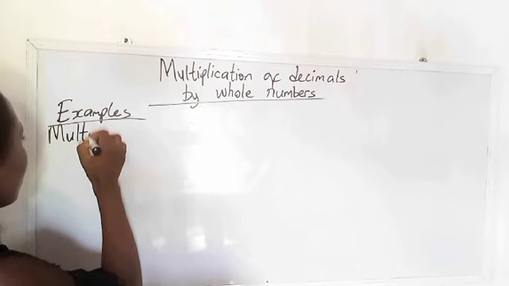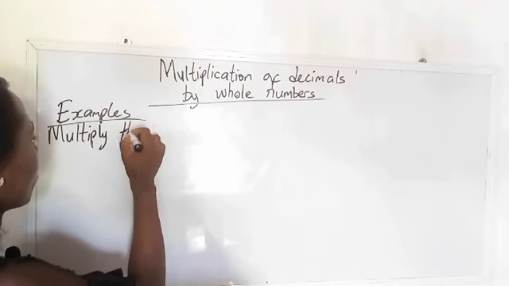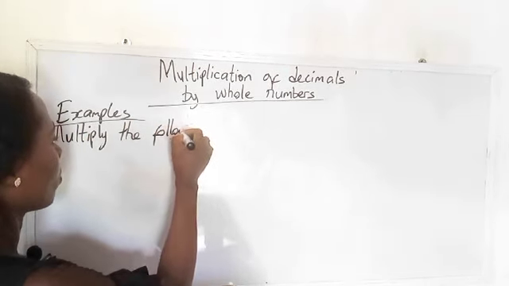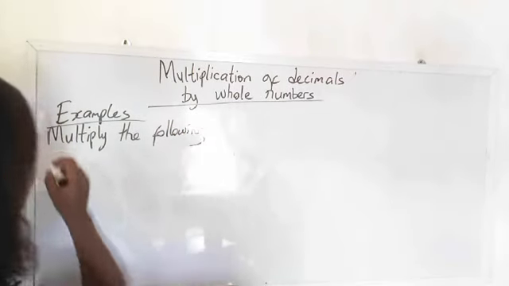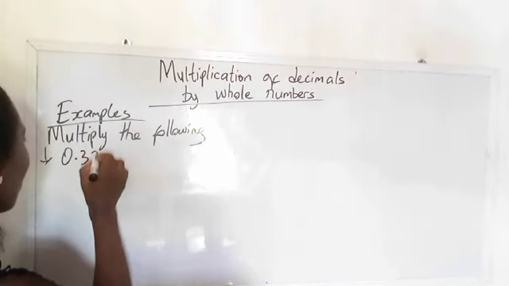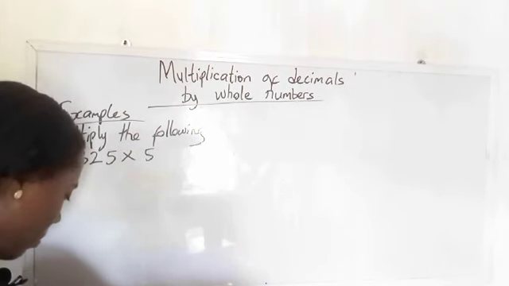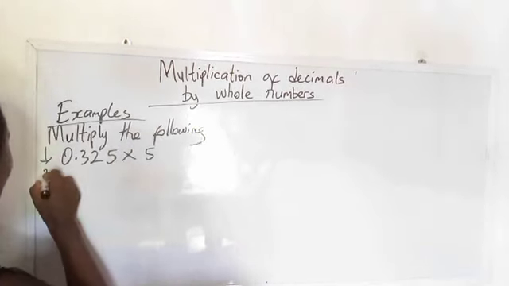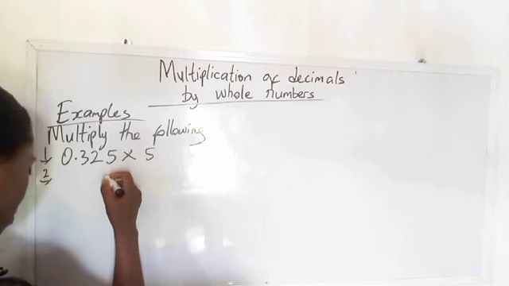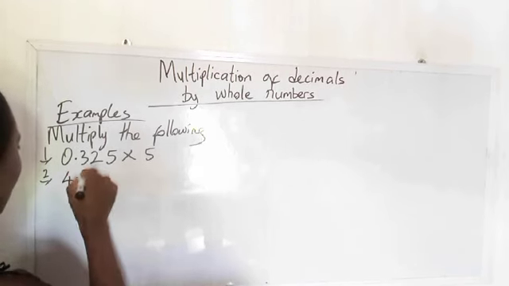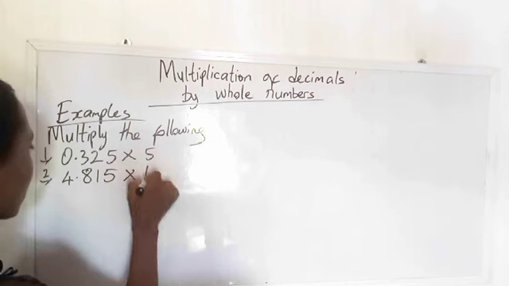Multiply the following. Number 1, we have 0.325 times 5. Number 2, we have 4.815 times 6.